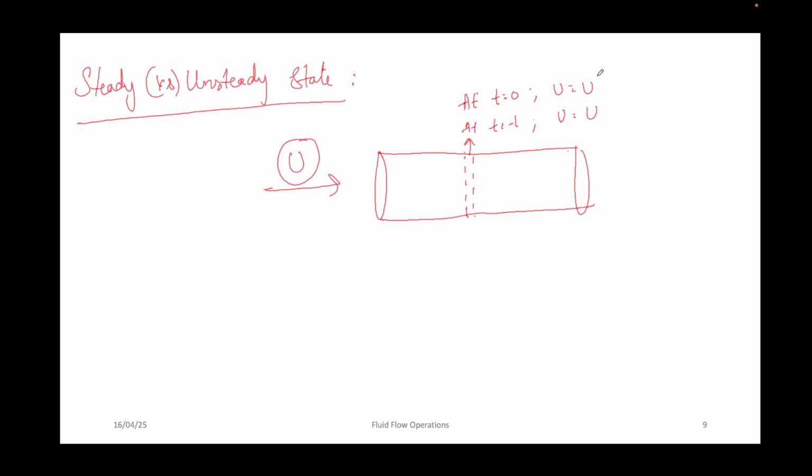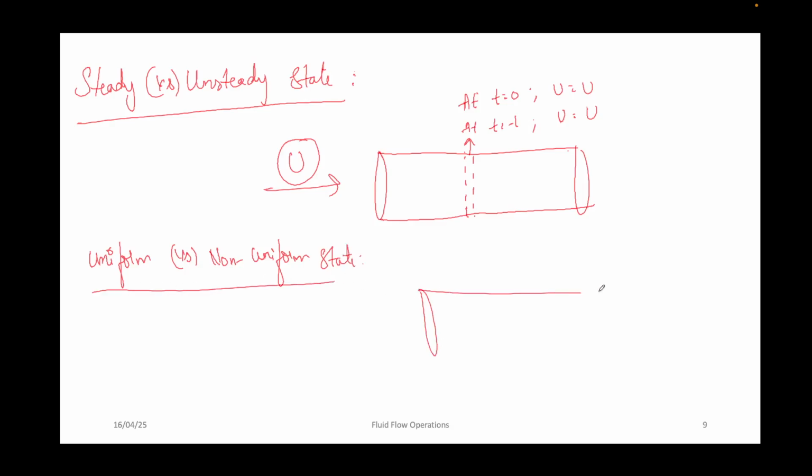And what is the difference between uniform and non-uniform flow? Uniform versus non-uniform. If I take the same example, say u is the velocity at t equal to 0 and the velocity remains unchanged after t seconds.